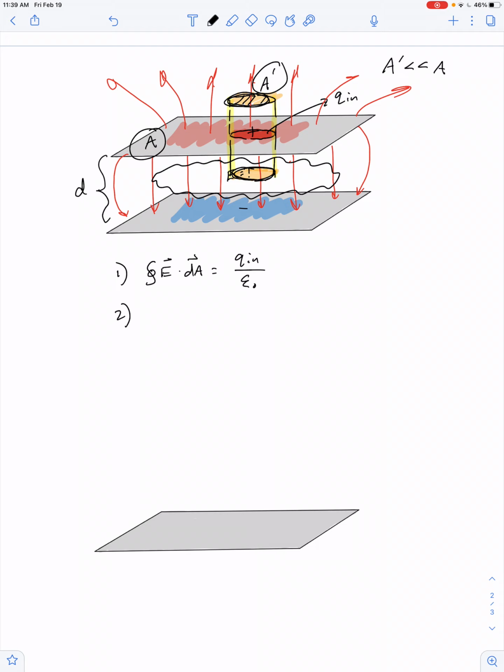So because it's uniform, we get rid of the dot product, we take the E out of the integral sign, and we just get E times the total surface area through which there is flux is equal to Q in over epsilon naught. Now let's say that sigma represents the charge density in units of coulombs per square meter. Then the amount of charge inside would be equal to sigma multiplied by A prime. So let's make that substitution.